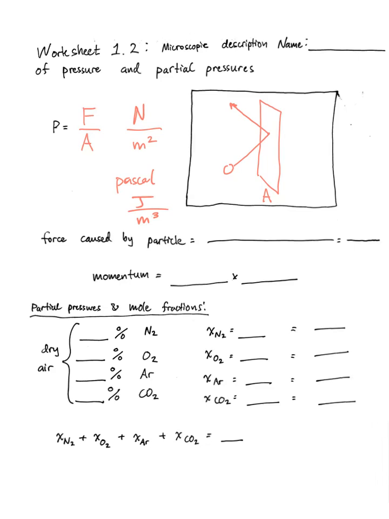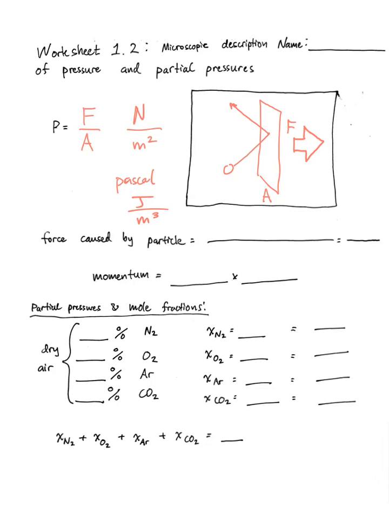Lots and lots of particles hitting the wall with great frequency impart a relatively constant amount of force against that wall. Let me draw the force vector pointing in that direction. The combined force applied by all the particles on the wall gives us the pressure.